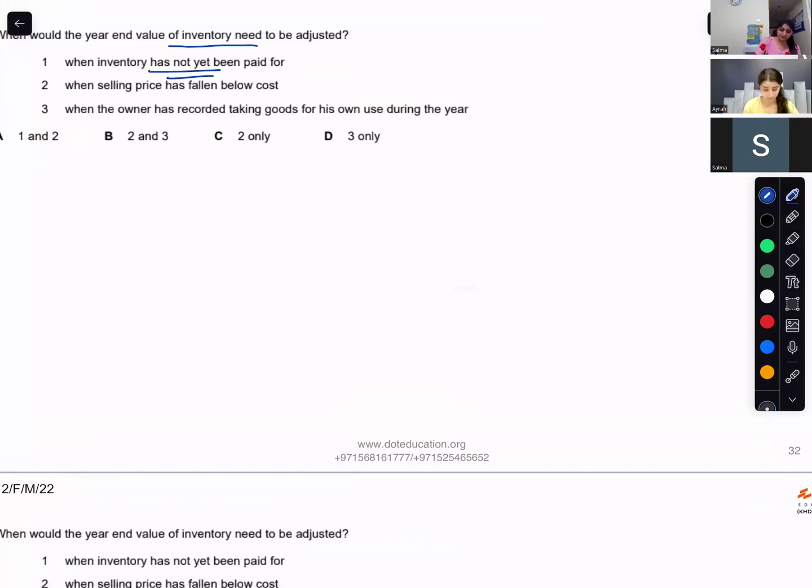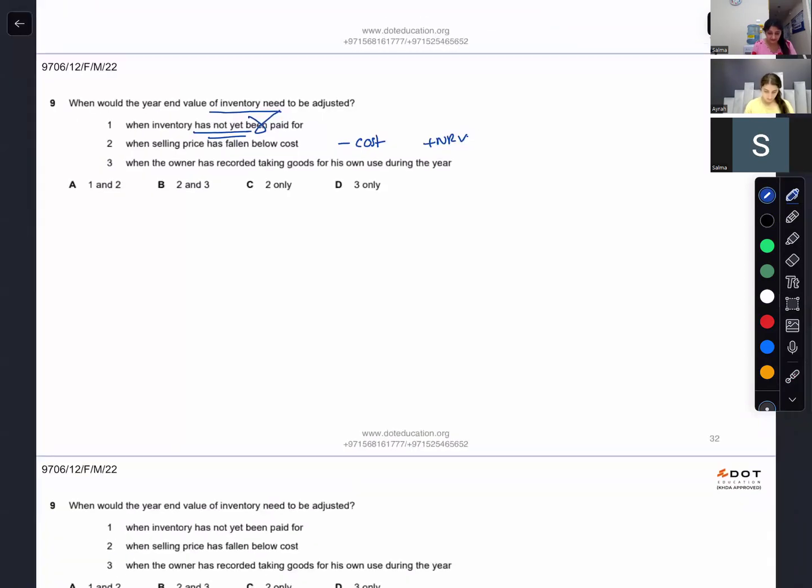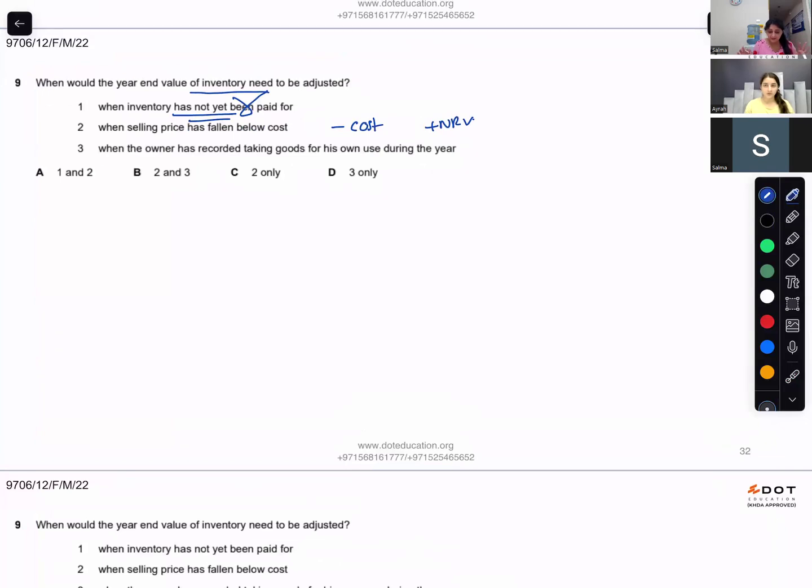No. Then, when selling price has fallen below cost, you have to adjust it, right? You will have to minus the cost and add the NRV to get the proper value. Then the third one is when the owner has recorded taking goods for his own use during the year. When the owner has taken the goods for own use, you don't have to adjust the value, right?